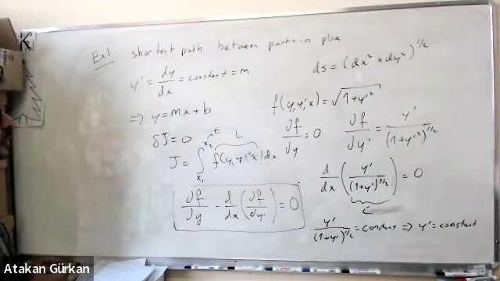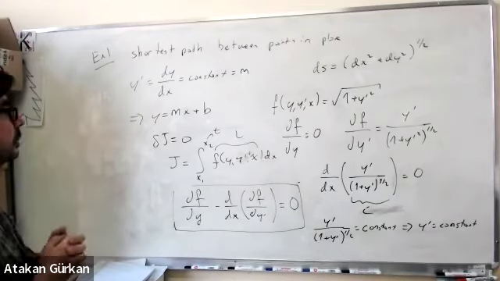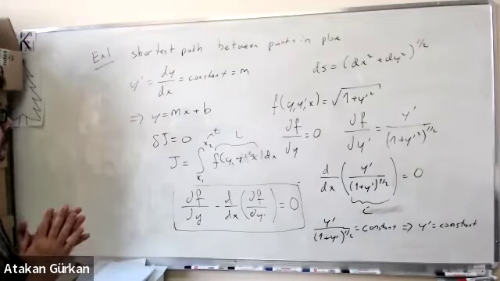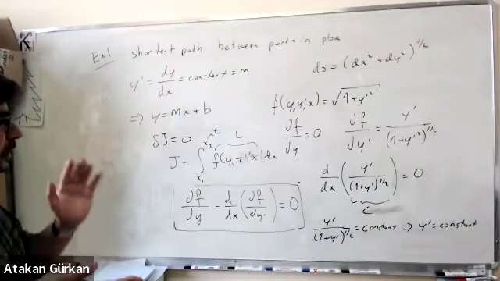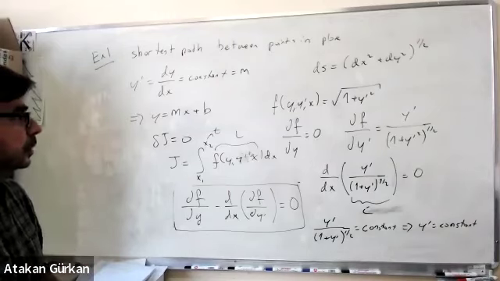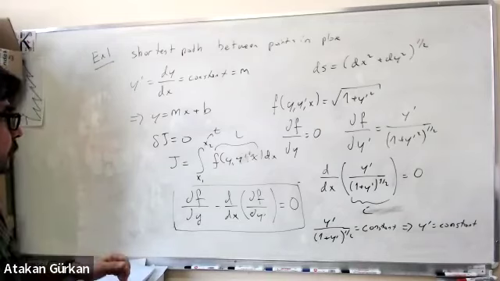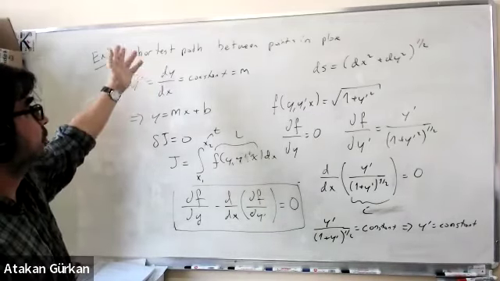All right. So we went over the first example, the shortest path between points in the plane, and the strategy for this one and for the next two and for some of the problems at the back of the book is basically to turn your condition. So you're trying to find the shortest path between points.